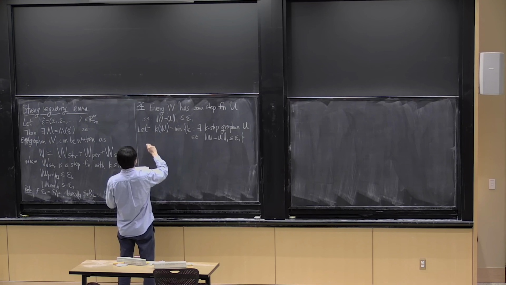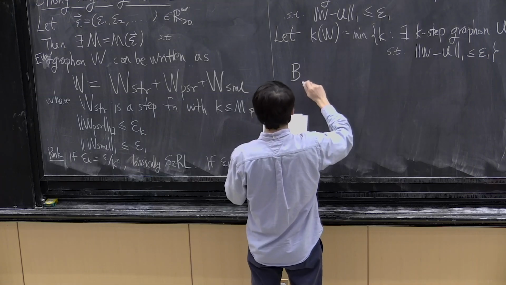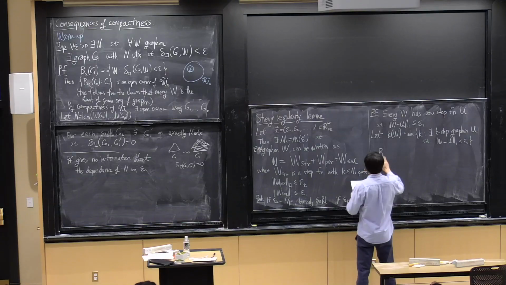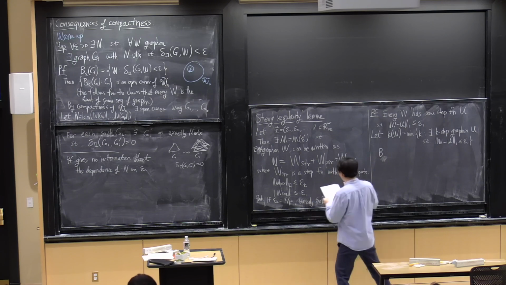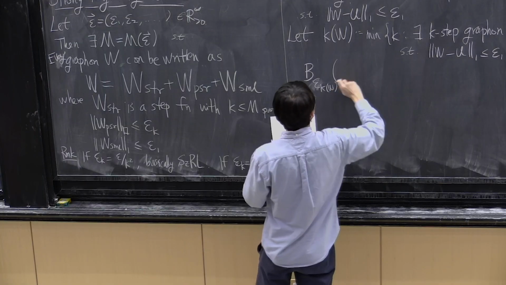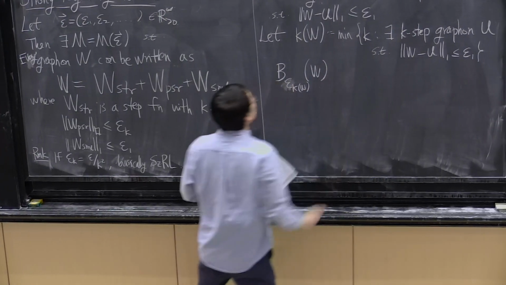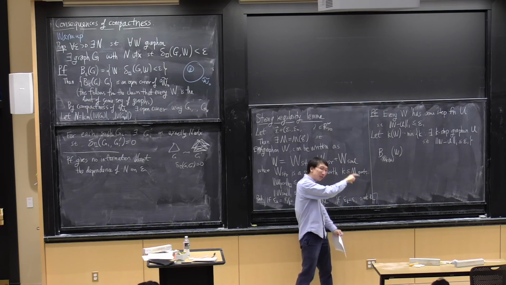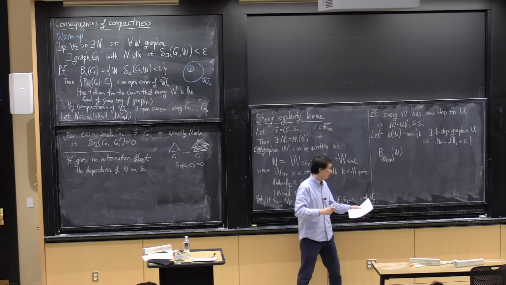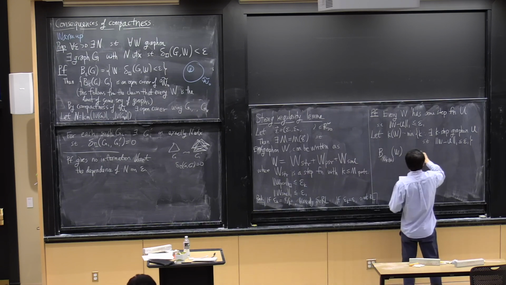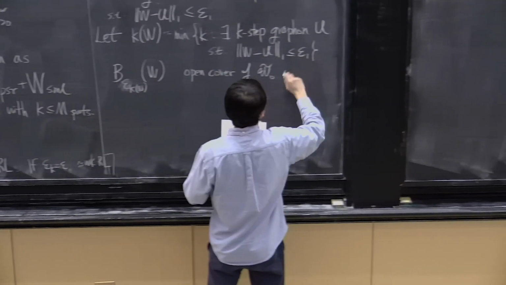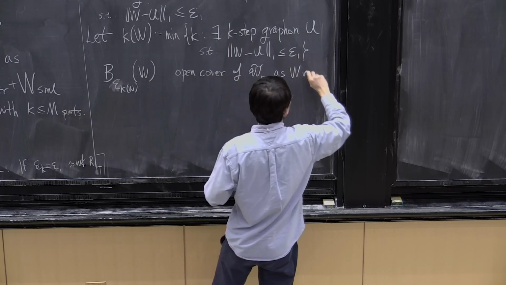The open cover is going to consist of the cut norm balls centered around W with radius epsilon sub k of W. This is an open cover of the space of graphons as W ranges over all graphons.